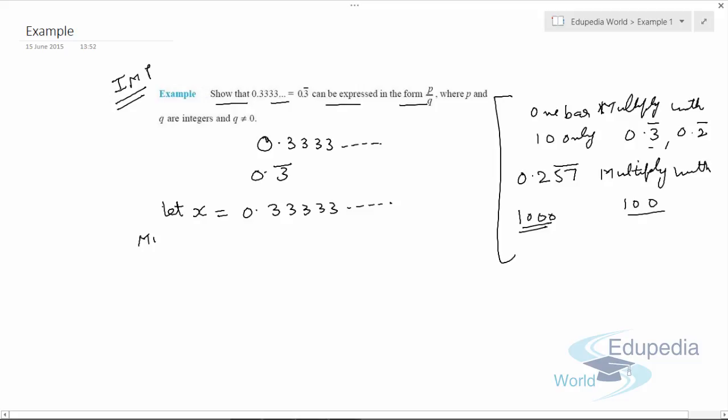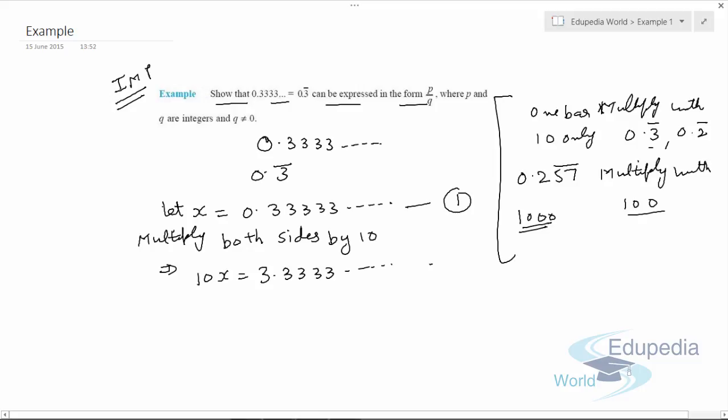So what we get is 10x equals 3.3333, and it goes on. Now this becomes the first equation and this becomes the second equation. Now the next step is we always subtract 1 from 2.